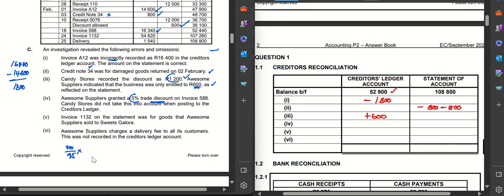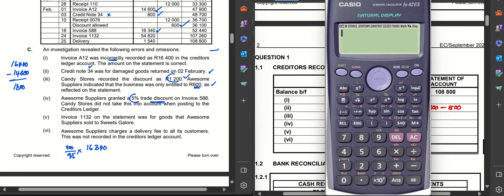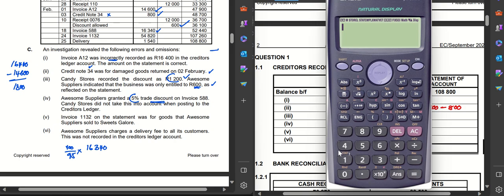Then we multiply this by 16,340. We want to know how much it was before the discount was given. All right, so we're quickly going to calculate that. If we say what we want is 100, and then we divide it by 95, and then we multiply that by 16,340, that shows us the amount before discount was 17,200.